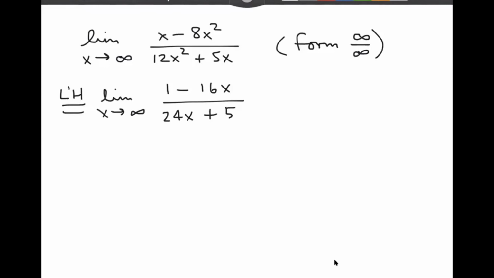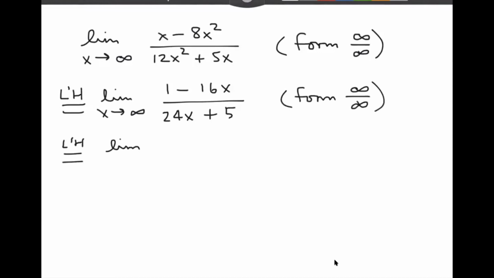So now if we try again, the dominant terms in the numerator and denominator are -16x and 24x, respectively. So this is still tending towards -∞/infinity, which we will just call infinity/infinity. So we apply L'Hopital's rule one more time.